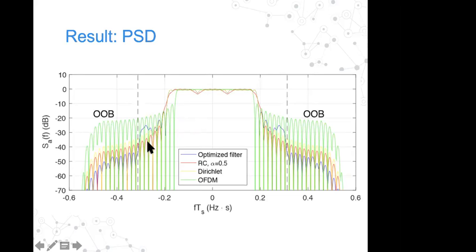They are much better than your normal OFDM scheme, and even the optimized filter gives the best performance of all the radiation patterns, because it is restricted to only a certain band, whereas the other schemes, RC, Dirichlet and OFDM, are leaking into the other bands.